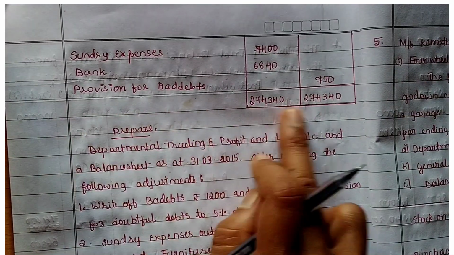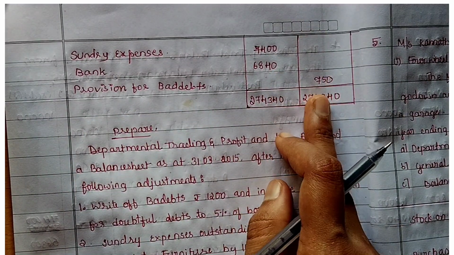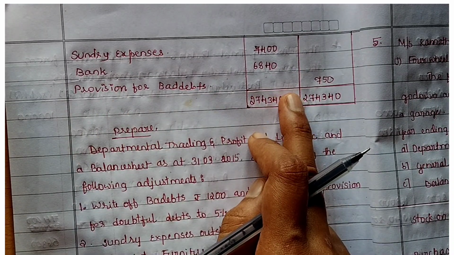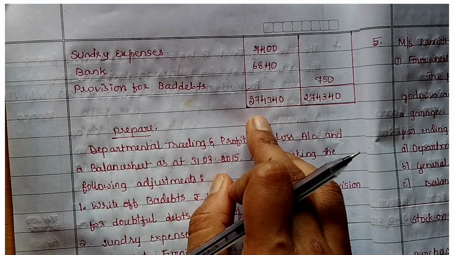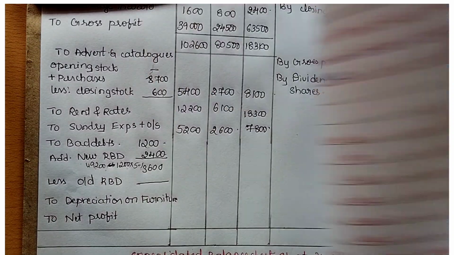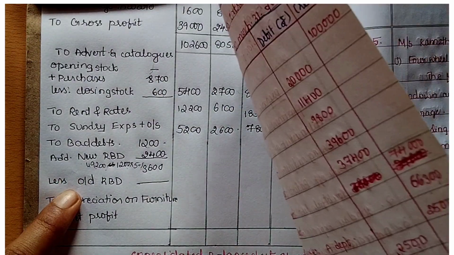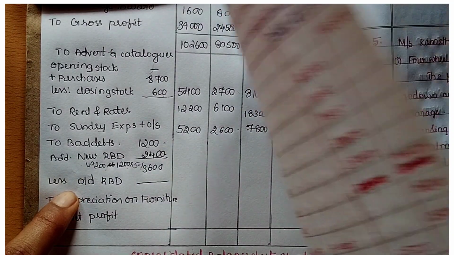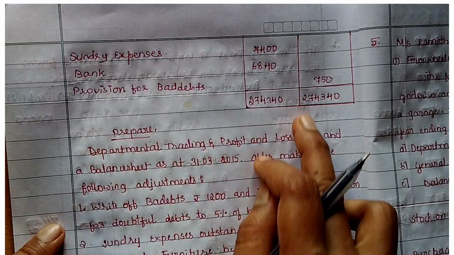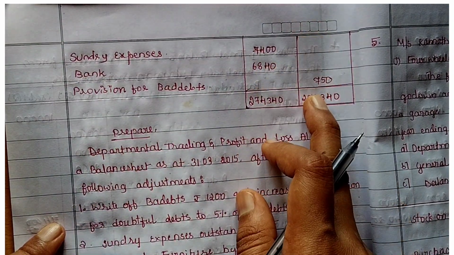This one, see, where is the credit side? 750. This one is an old RBD or bad debts. Why do you have to deduct this from the total? Because this is recovered. They have given it in the credit column.